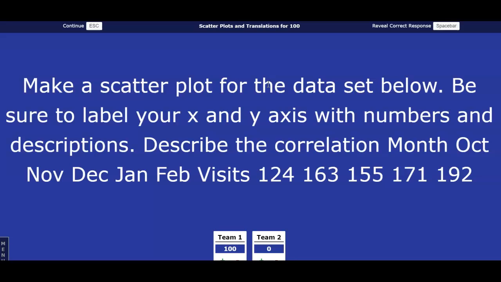What's the max? What's the min? And make sure when you label any X or Y axis, guys, make sure they go evenly. So don't put like 124, 155. You would want to put like 125, 130, 135, 140. So again, make sure you're going evenly when you create a scatter plot graph.